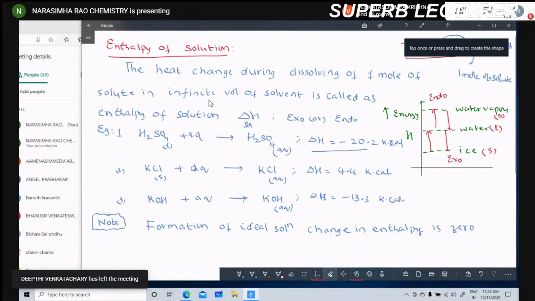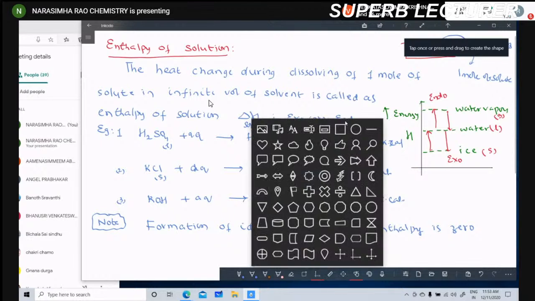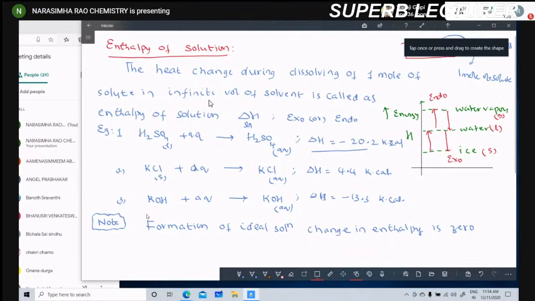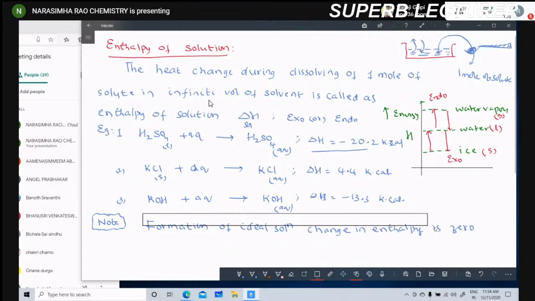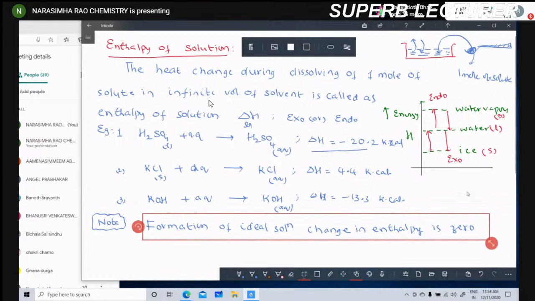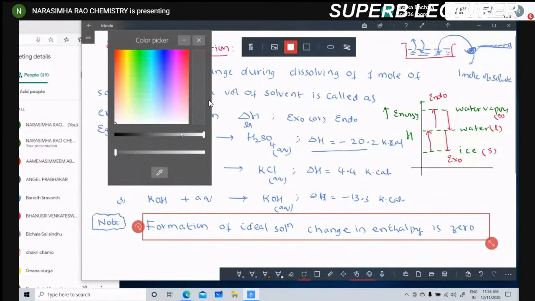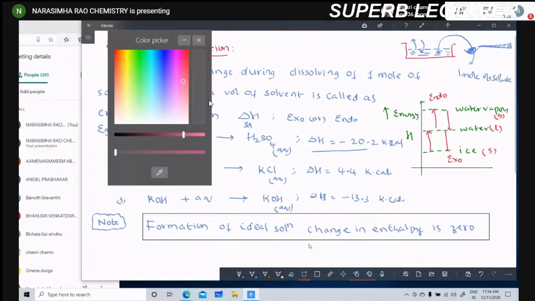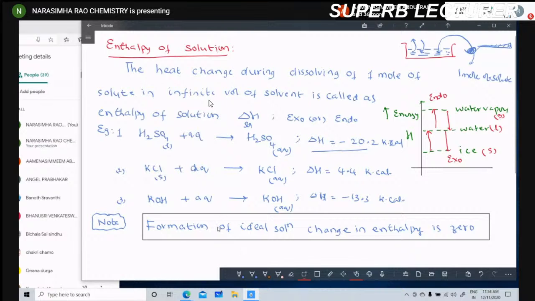Reminder: change in enthalpy is 0. It's clear, children. Clear now? Yes, sir.